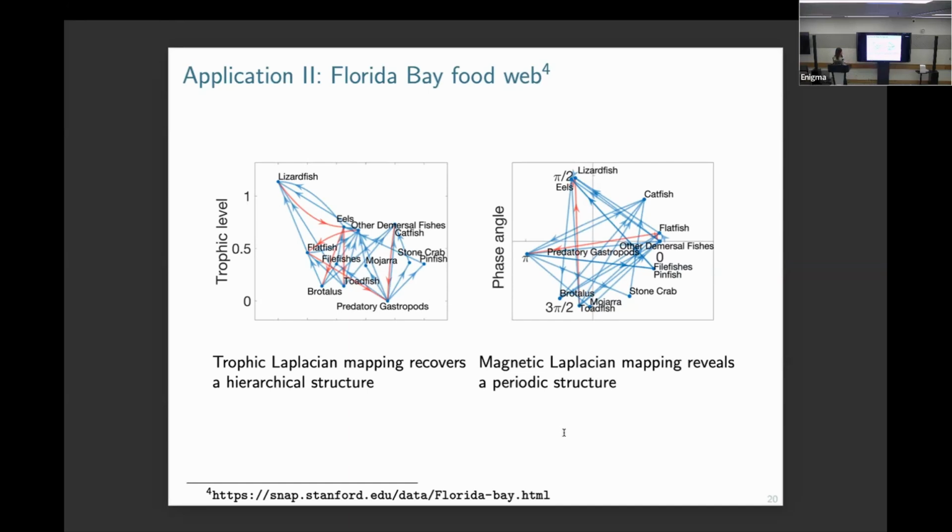So it's suggesting that assigning a trophic level to each species may not be the best or most faithful representation of the food web that we see in real life. But I'm not a fish expert, so I would definitely be quite keen to hear from anyone who's more familiar with the peculiar behavior of the fish.